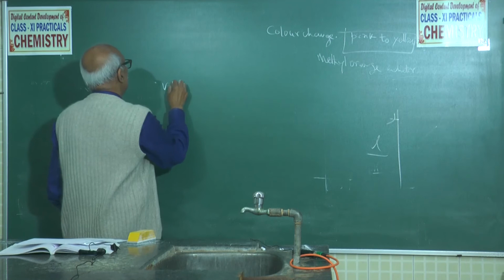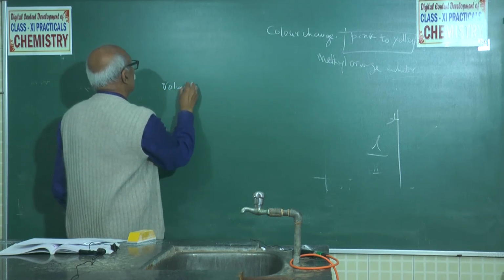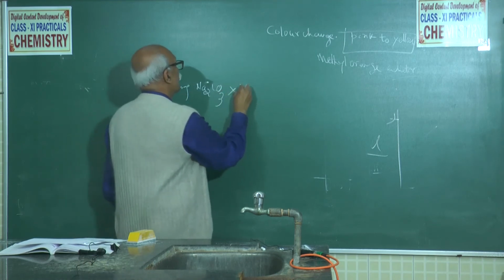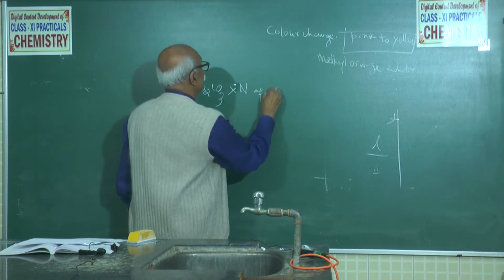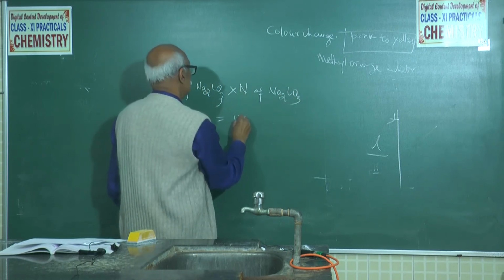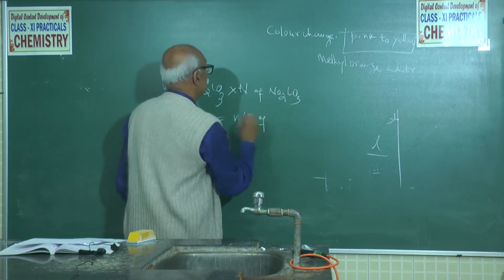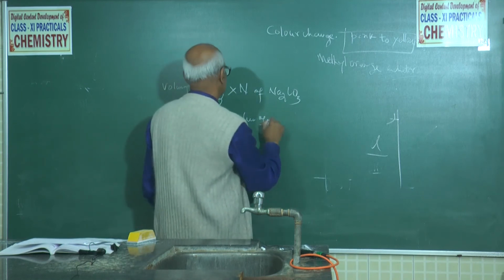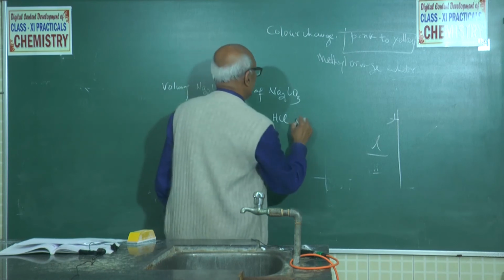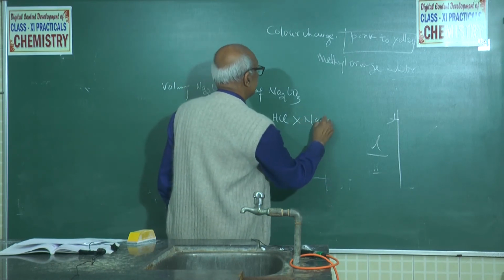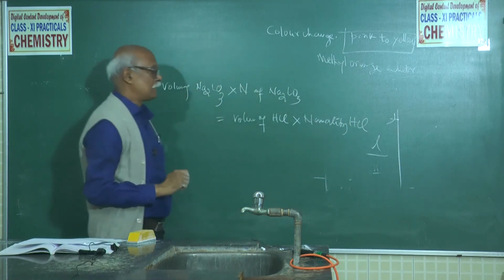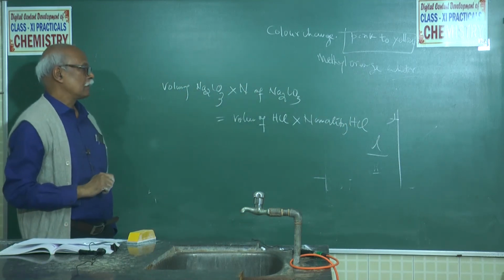So volume of sodium carbonate into normality of sodium carbonate or alkali is equal to volume of hydrochloric acid into normality of hydrochloric acid.